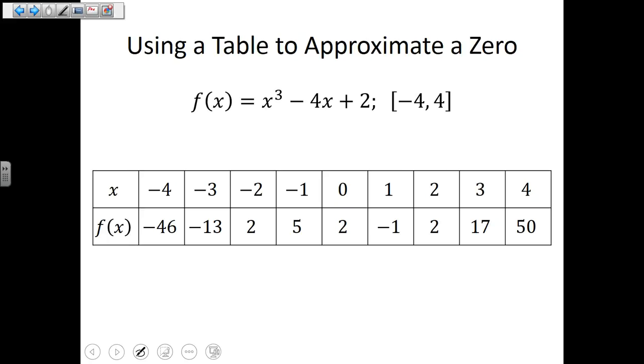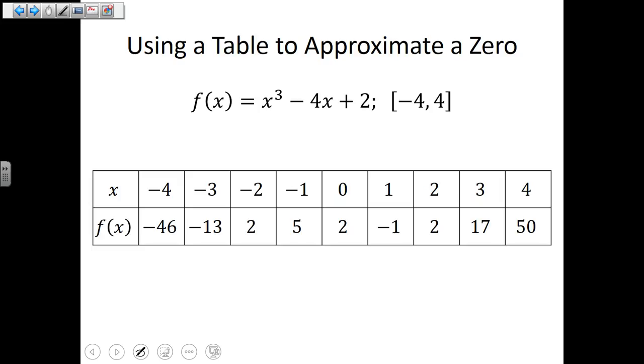Now if you take a look at the y values, what we're looking for is 0 in the y values. I don't actually have a 0 in the y values, but I'm trying to guess where a 0 might be. Well, it turns out that all polynomial functions are continuous. I have a polynomial function. It is continuous.